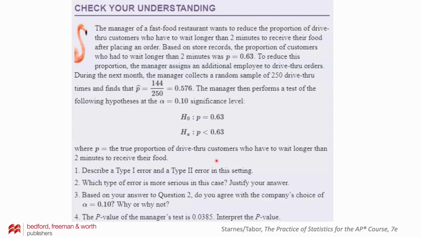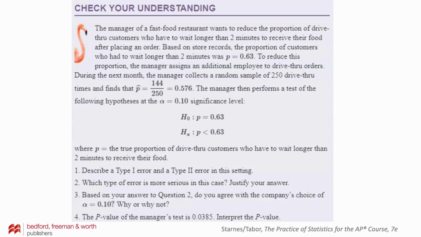It says to describe a type 1 error and a type 2 error in this setting. Which type of error is more serious in this case? Justify your answer. Based on your answer to question 2, do you agree with the company's choice of the alpha level 0.10? Why or why not? And the p-value of the manager's test is 0.0385. Interpret the p-value here.